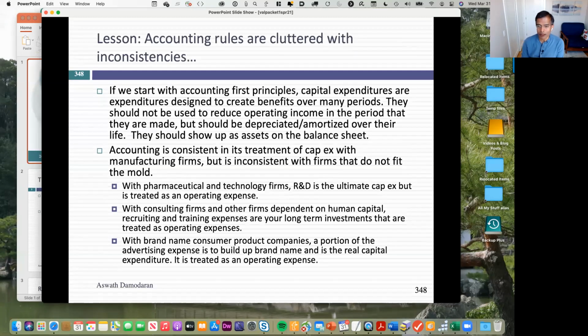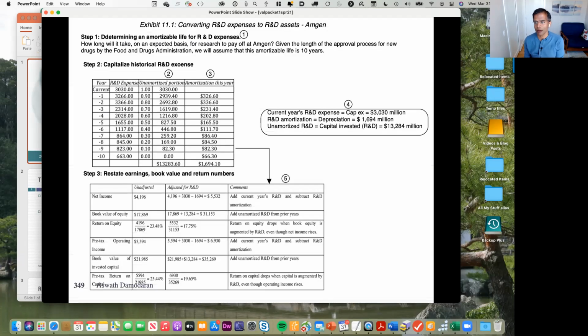The basic problem, and this is not just a problem for pharmaceutical and technology companies, is any company that doesn't have traditional CapEx, which is land, building, equipment, factory, accountants are all over the place. With pharmaceutical and technology, it's R&D. With consulting firms, it's recruiting expenses. With brand name companies, it could even be advertising. And that's why we talked about capitalizing those expenses and adjusting everything about your company.